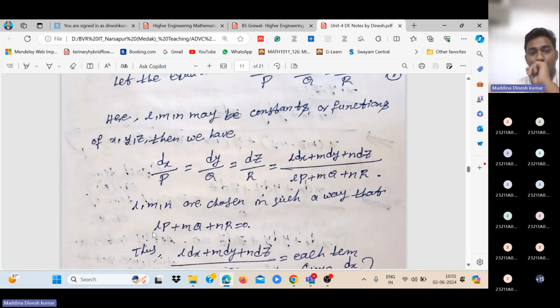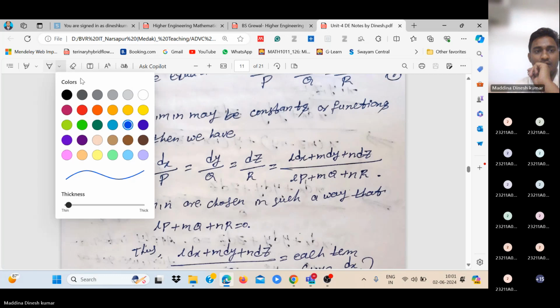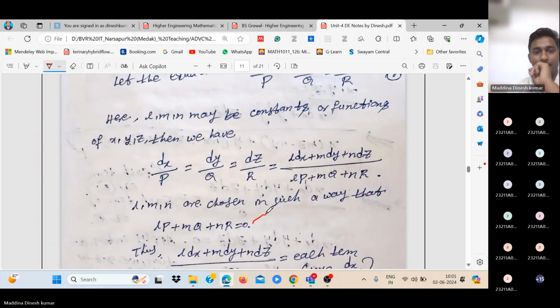If you do this product, it must be equal to 0. Then we will write in this form: dx by P equals dy by Q equals dz by R equals L dx plus M dy plus N dz.